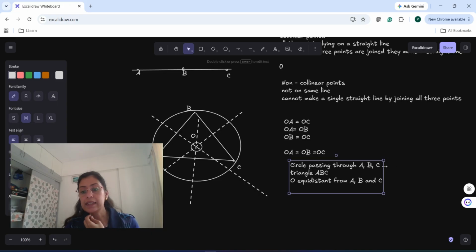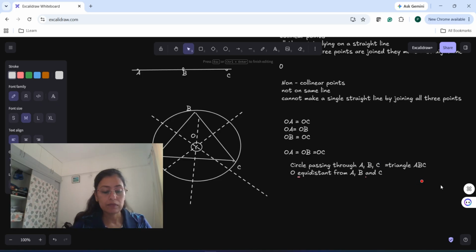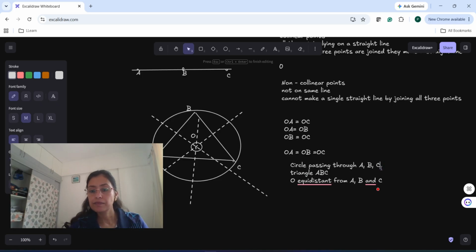So this circle passing through A, B, C, this is called the circumcircle. Circumcircle is a circle which is passing through all the 3 vertices of a triangle.